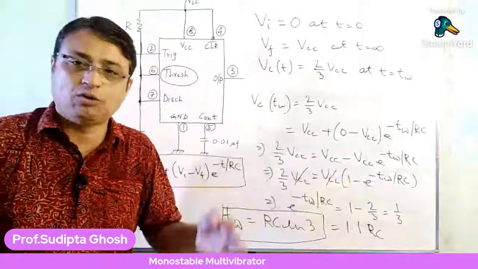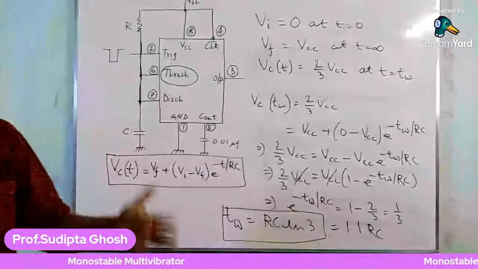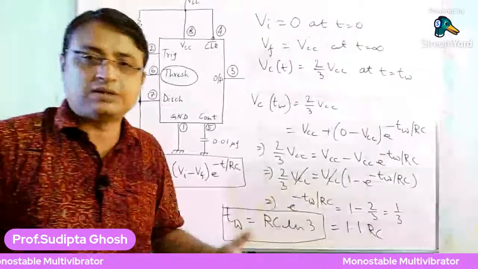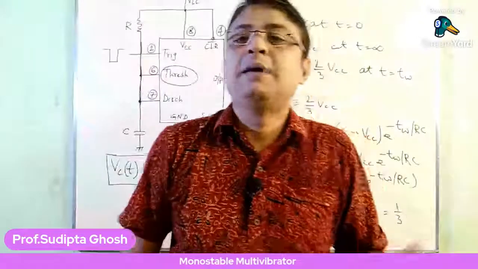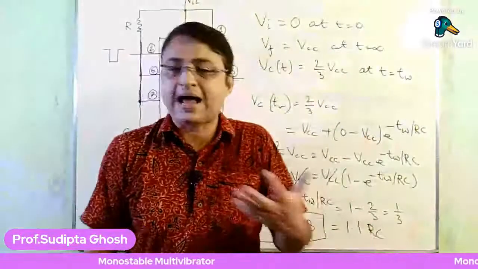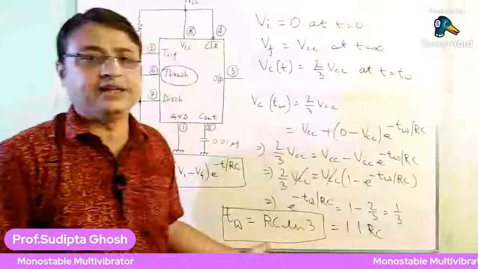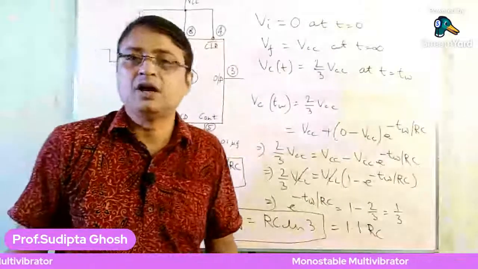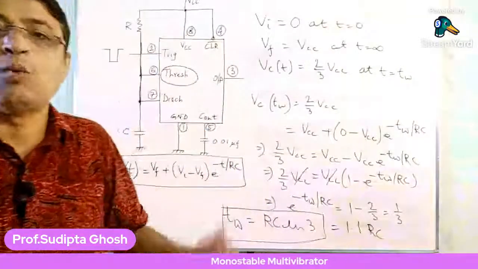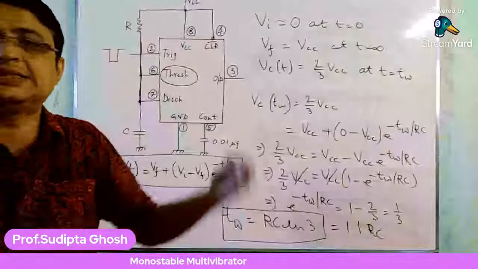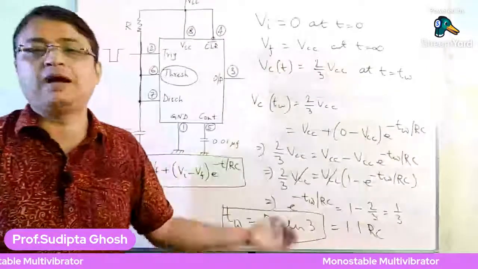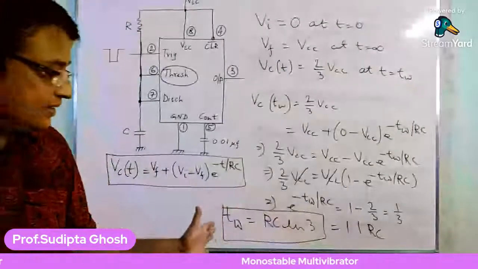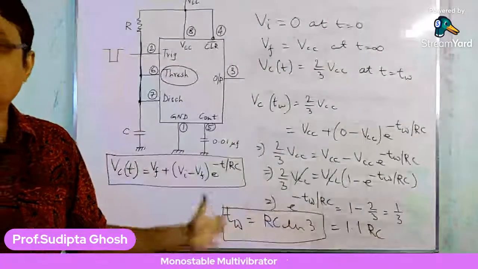That is the way we actually construct a monostable multivibrator in practice, by using the values of R and C and this particular expression TW equals 1.1 RC. This is the most simplified form of the expression for TW.